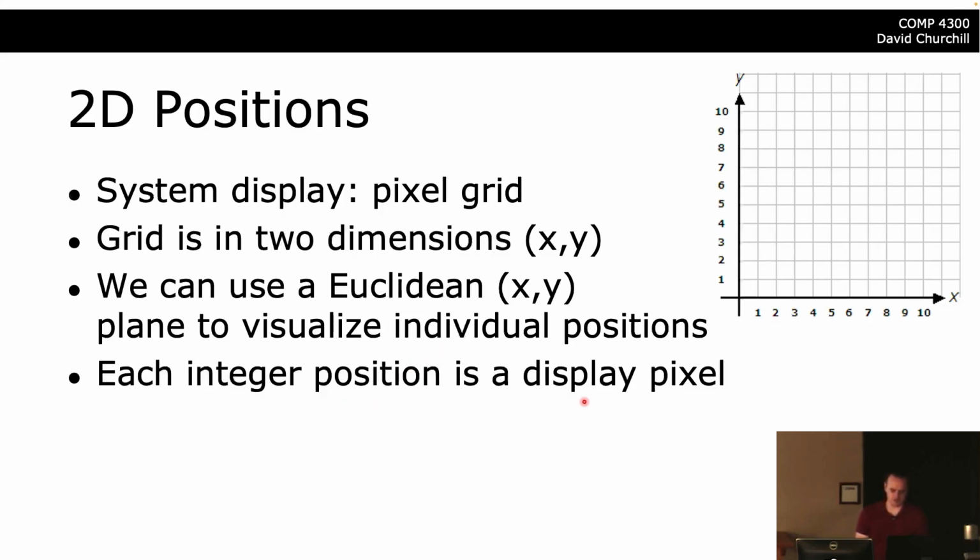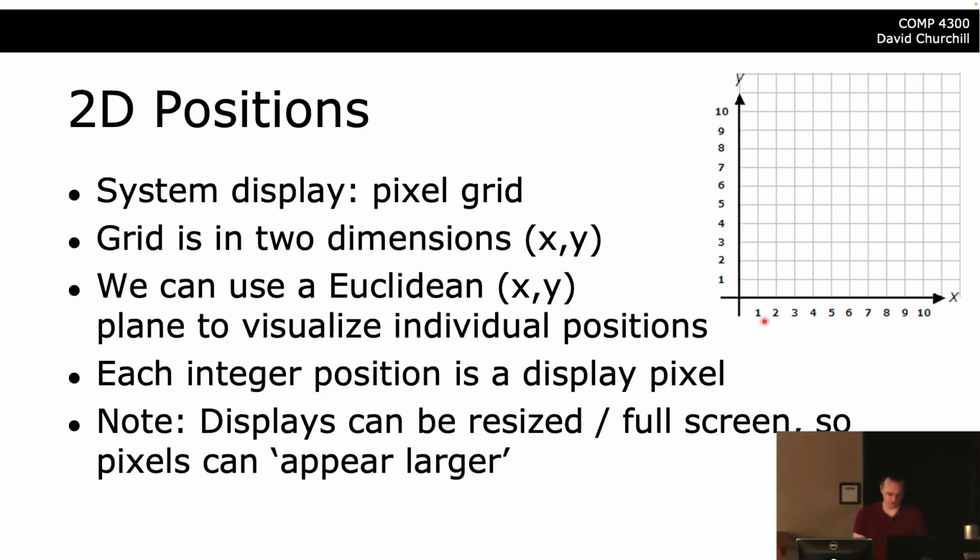So each integer position is a display pixel. So over here, we're just going to be working with integers for now, and you can picture that as pixels on the screen. And just note that displays can be resized or full screen. So if you have an SFML application and you've given it a specific resolution, which you then resize the window or make full screen, you can have full screen applications that are running at a lower resolution than your monitor's native resolution.